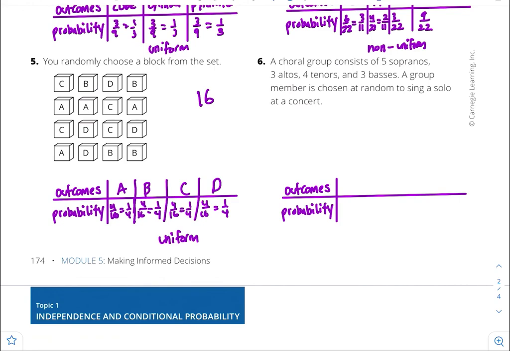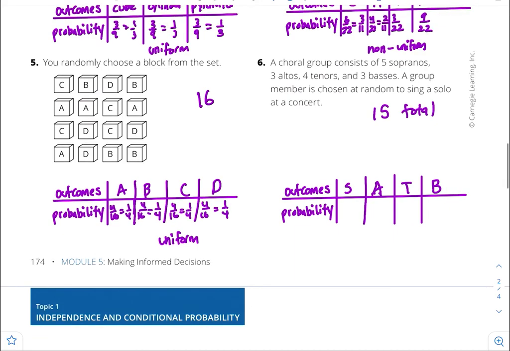For number 6, we have, what is that, 12, 15. 15 total instruments. Or not instruments, sorry, members. So there's sopranos, altos, tenors, and basses.